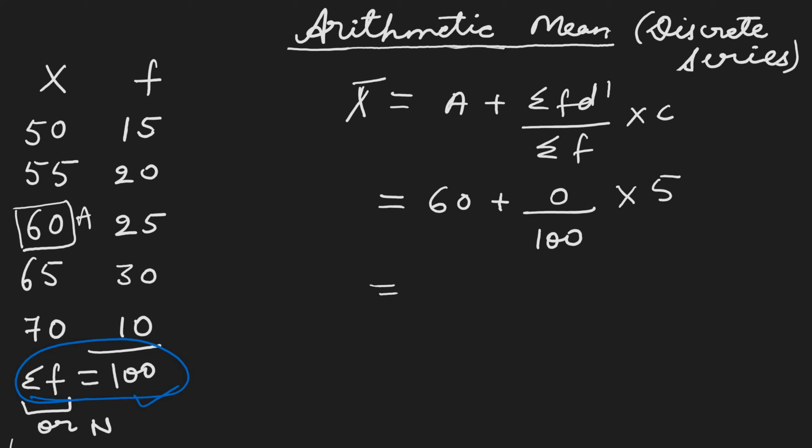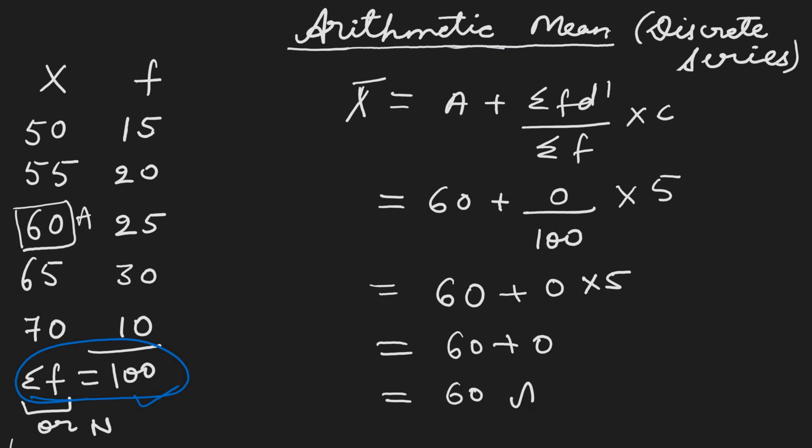And we know that whenever we divide 0 by any number, we get 0, multiplied by 5. 0 multiplied by 5 is equal to 0. So 60 plus 0 is equal to 60. Again, by the step deviation method we have got the same answer, that is 60.